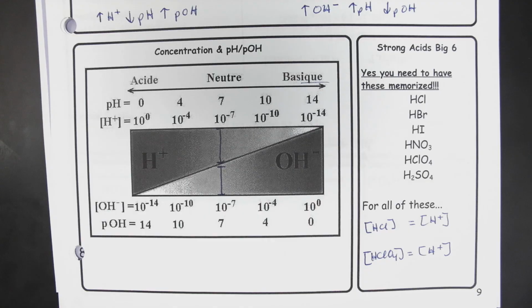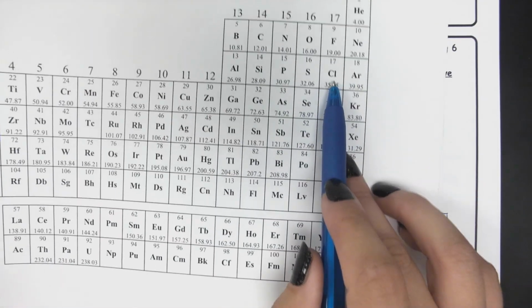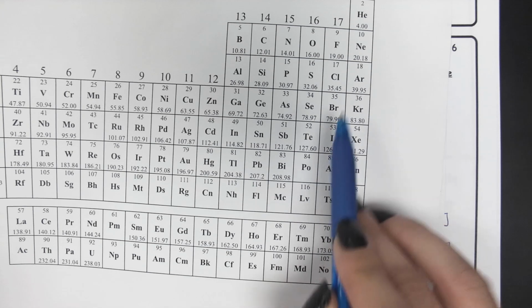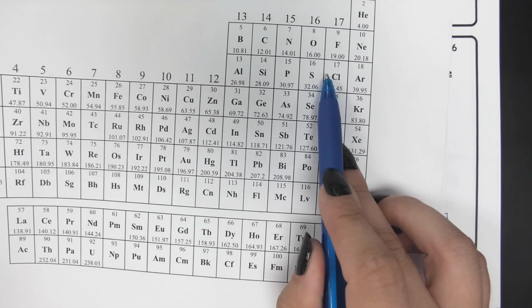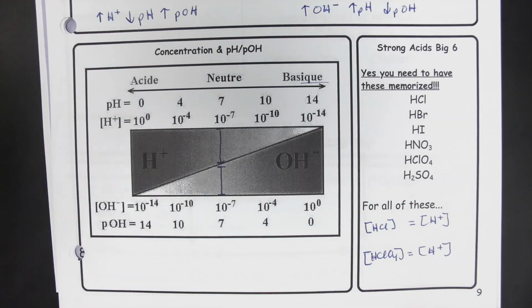If you look at your periodic table, Cl, Br, and I are all in a row. So if you put a hydrogen in front of this one, and this one, then those are 3 of your 6 strong acids.